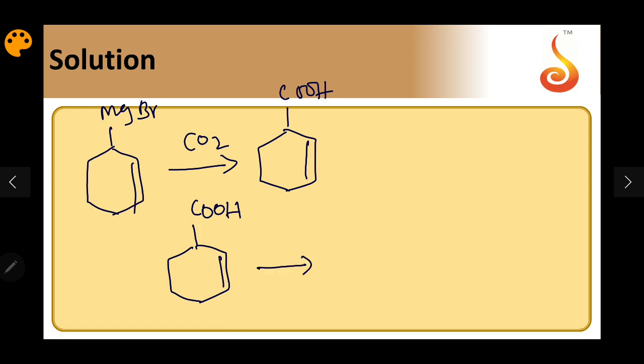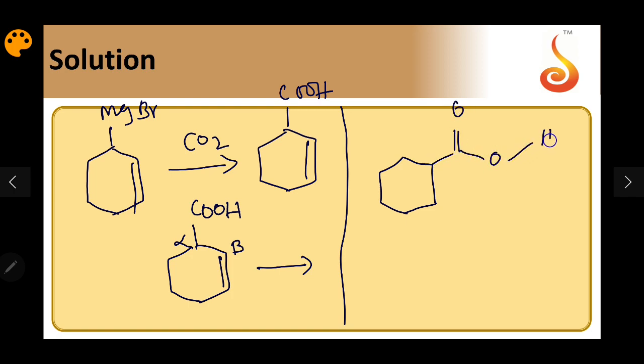So if I take carboxylic acid, this is alpha, this is beta. So beta unsaturation is present. Like beta keto acid, this can undergo decarboxylation very easily. So if I write the reaction for that, this is acid, this is unsaturation.